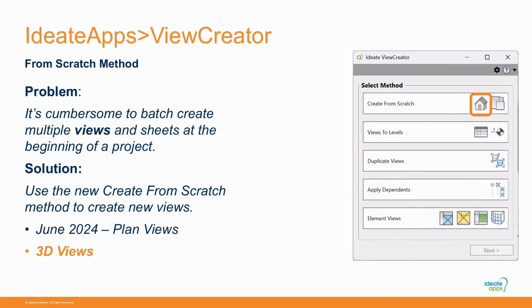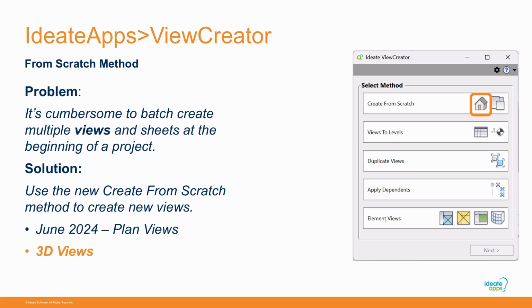We're excited to introduce a new feature in Ideate View Creator. You can now batch create 3D views. Previously, View Creator only supported plan views, but with this update, you can generate multiple 3D views at once using view templates, level, or scope boxes.